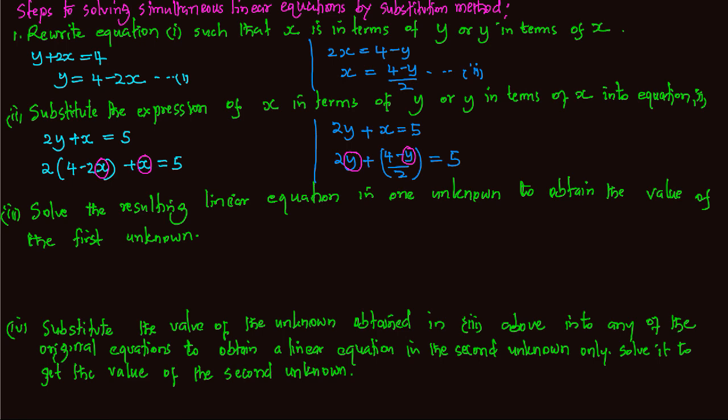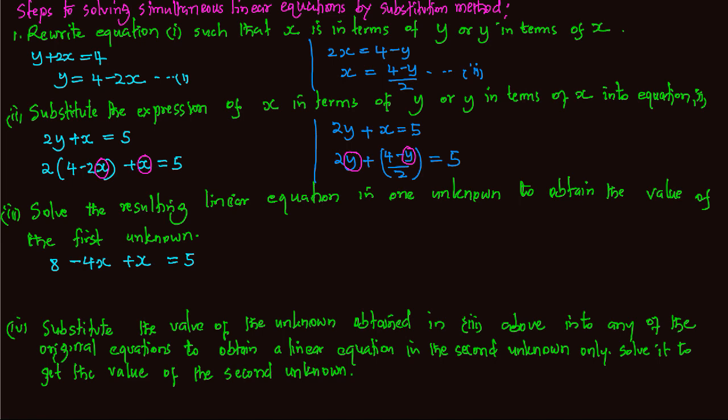So if we take the equation involving x, when we open the bracket, it becomes 8 minus 4x plus x is equal to 5.